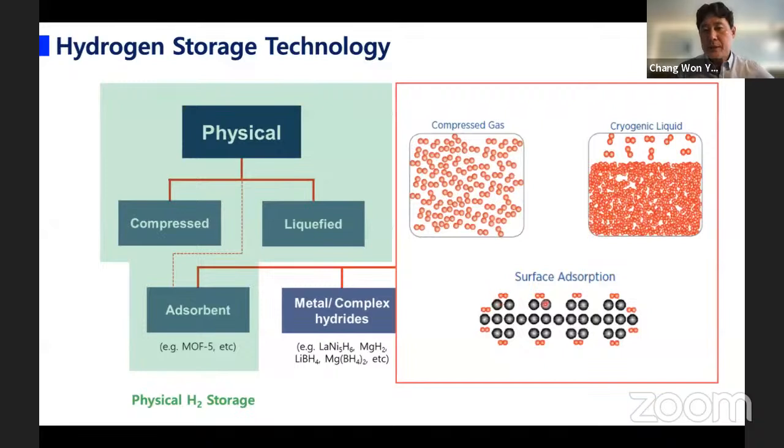For adsorbent-based hydrogen storage, the basic concept is that we use some materials, and using the physical force between the adsorbent and the hydrogen, hydrogen can be adsorbed at the surface of the material and stored.